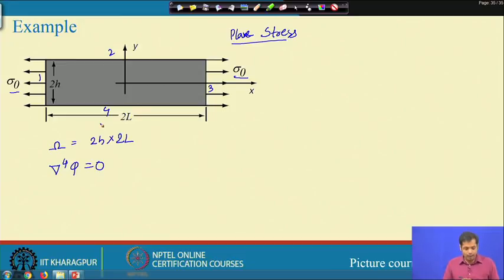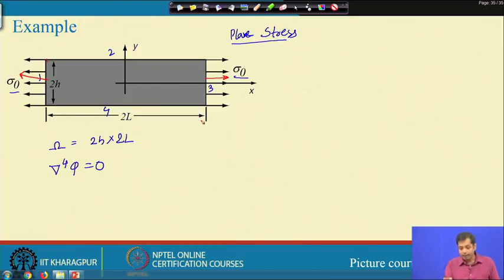Now, what is boundary 1? On boundary 1 the normal stress is sigma 0, and there is no shear stress on this boundary. Similarly, on the opposite boundary the normal stress is sigma 0 and there is no shear stress.